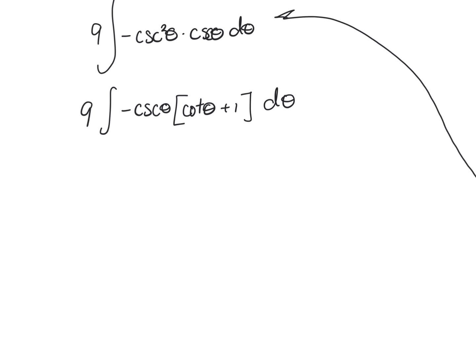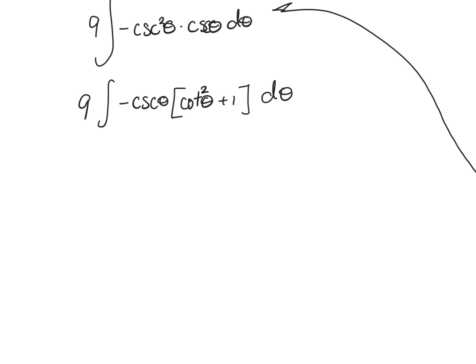Now you're wondering why I'm doing this. Don't forget the squared on the cotangent. I have 9 times the integration of negative cosecant theta cotangent squared theta, minus the integration of the cosecant of theta d theta.